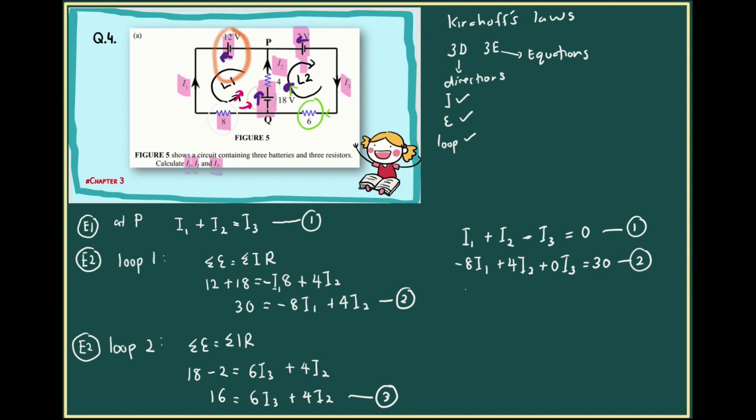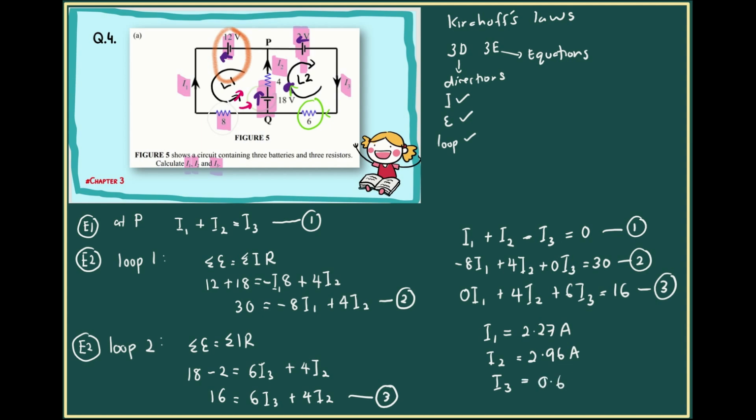The last one, we don't have I1, so we put 0I1 plus 4I2 plus 6I3 equals 16, the third equation. You can use the equation function in the calculator. Finally, you'll get the value of I1, which is supposed to be 2.27 ampere, I2 2.69 ampere, I3 0.69 ampere.